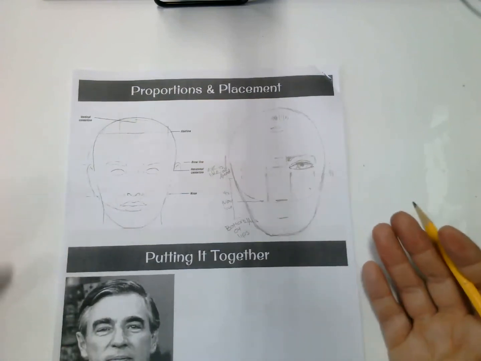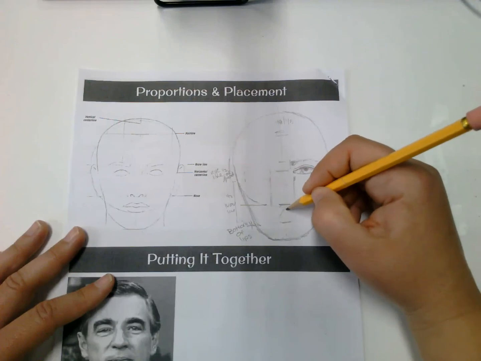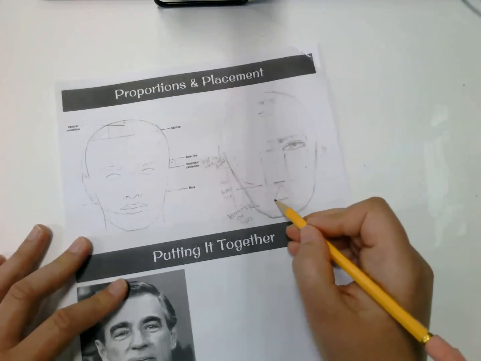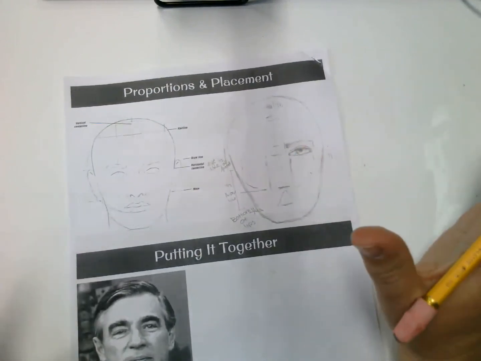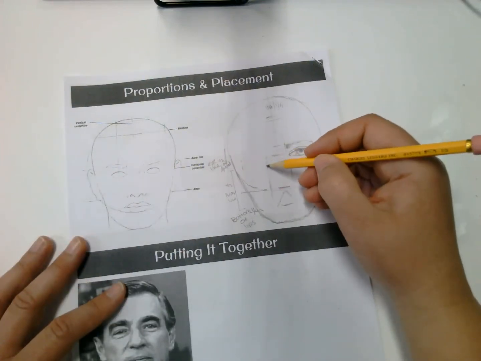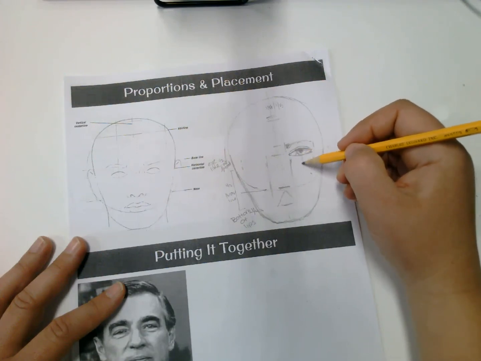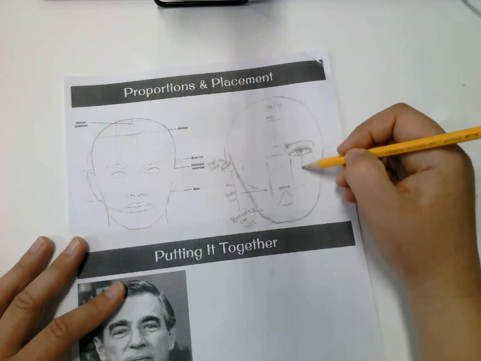Your lips, the triangle. Remember, you need to see how wide your triangle is. Generally, the edge of where your pupils are, actually right inside of it, right a little bit inside.